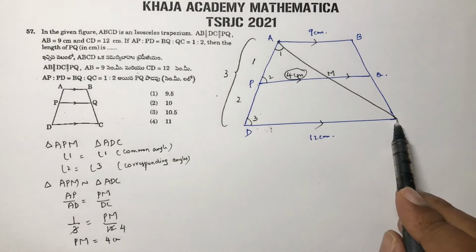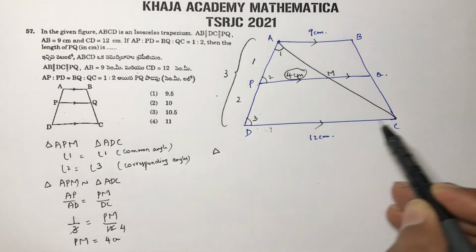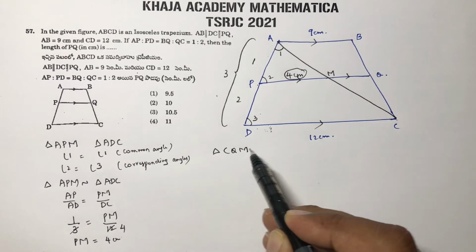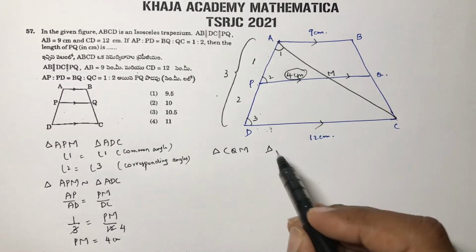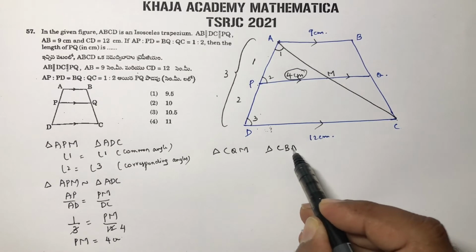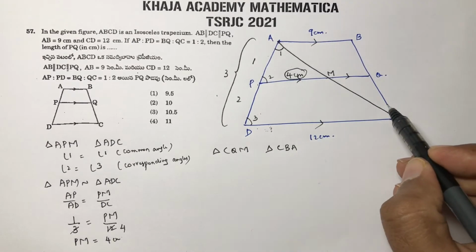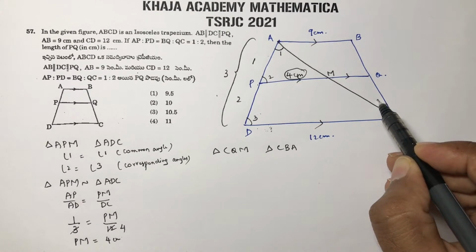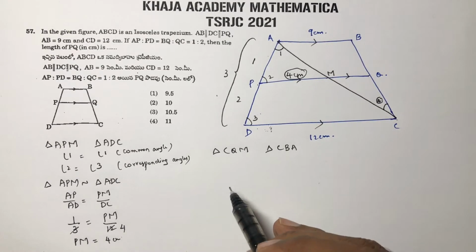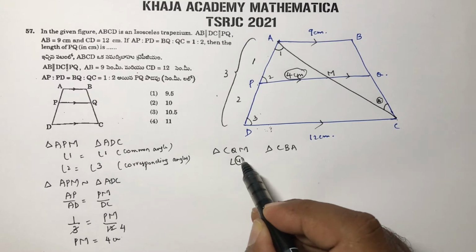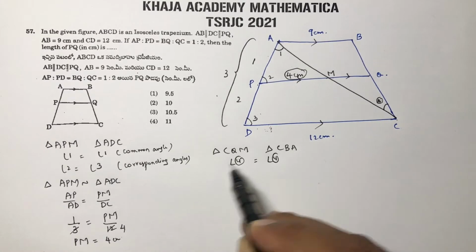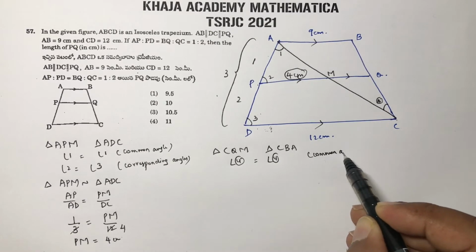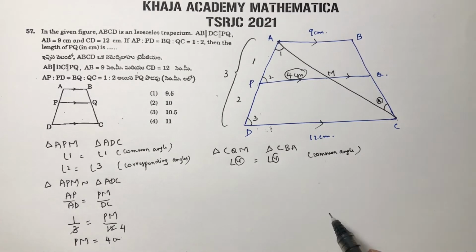Now start the triangles from here. Take triangle CQM and triangle CBA. See, 1, 2, 3 already I took, so this I'll take as angle 4. So angle 4 equals angle 4, reason: common angle.